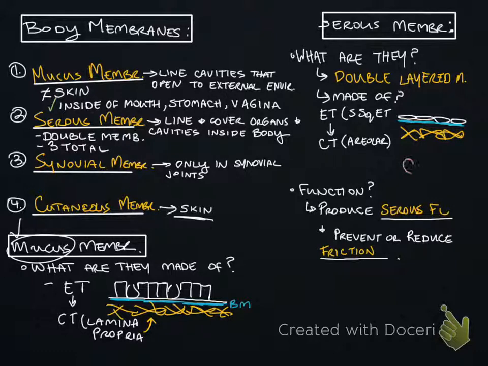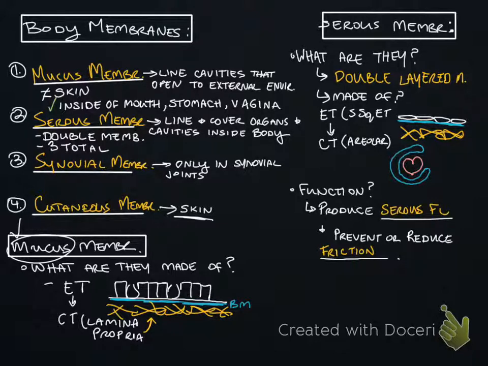So let's draw the heart. And this is just a diagrammatical view of the membrane, okay? So keep that in mind. So it looks something to this effect. And no, this isn't anatomically correct, but it's just to show you what I'm talking about.